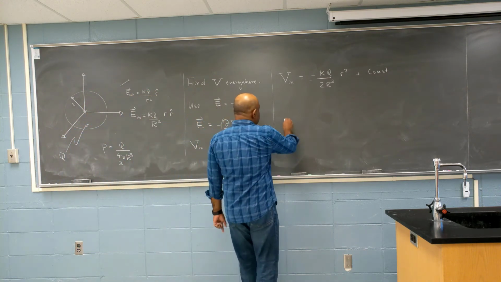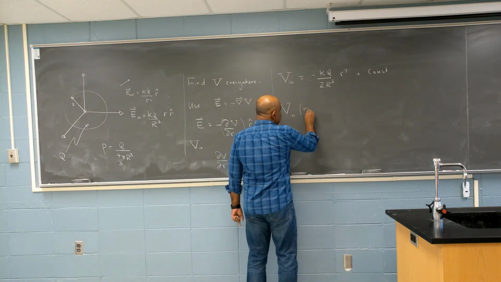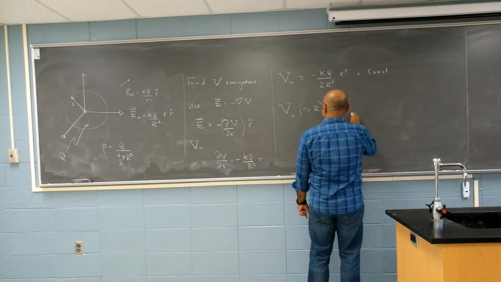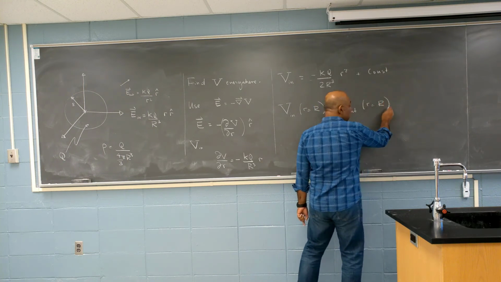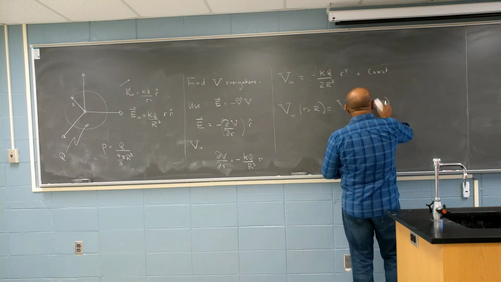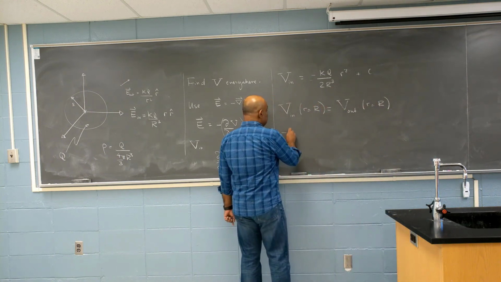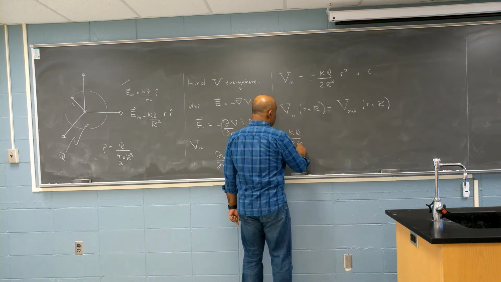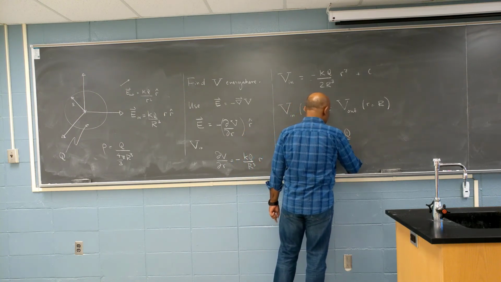So I'm going to do this. That's what continuity means, right? And I'm not going to write this as a constant, I'm just going to call it C. So then I have minus kq over 2R plus C equals kq over R.